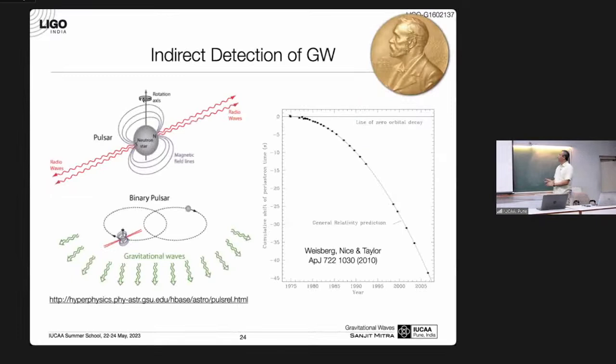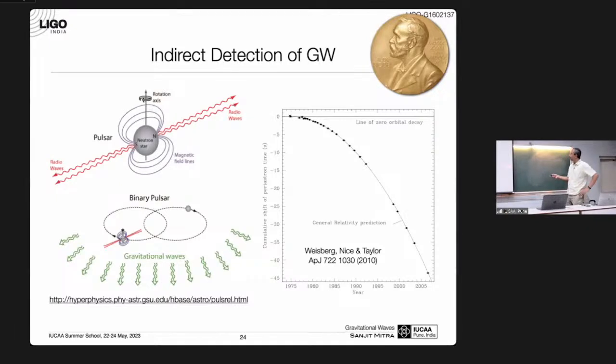The first detection of gravitational waves happened... I don't forget when the paper was published, in 1970, I think. And then they got a Nobel Prize in some year. I forgot all those details. But the thing is that this observation was of a binary pulsar, a Hulse-Taylor binary pulsar.